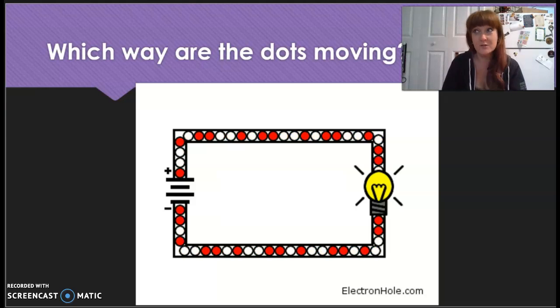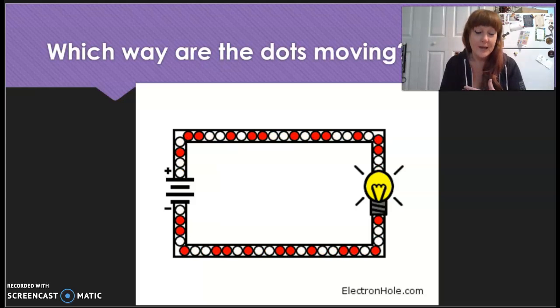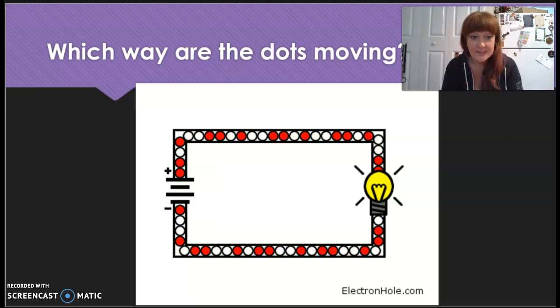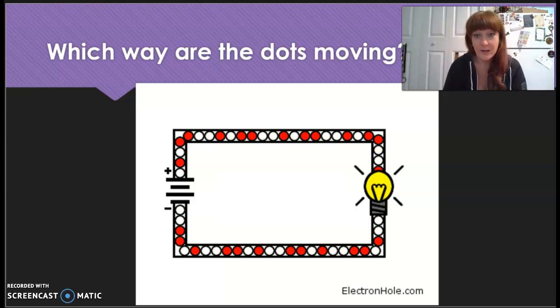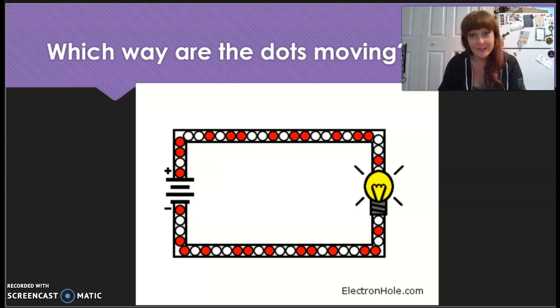But before we knew electrons were even a thing, we were using electricity, and we accidentally labeled electric current the wrong way. So if you look at the white dots, which represent the spaces in between the electrons, where there's not really anything there, those white dots appear to be moving clockwise in this diagram. So that's the direction that we originally labeled electric current.